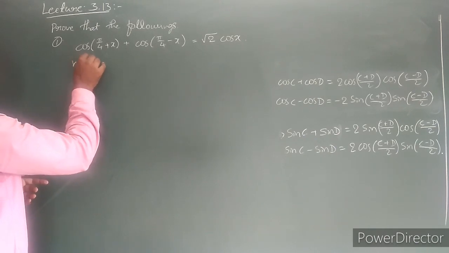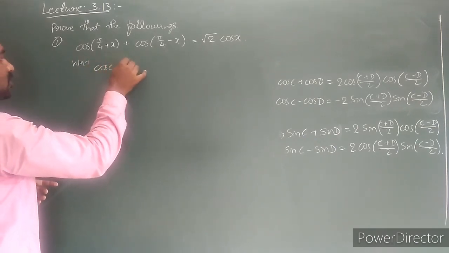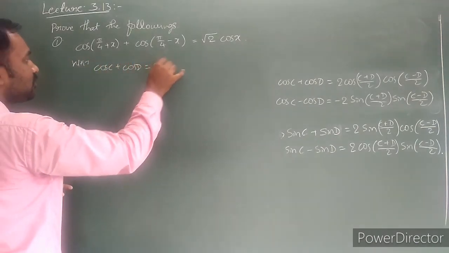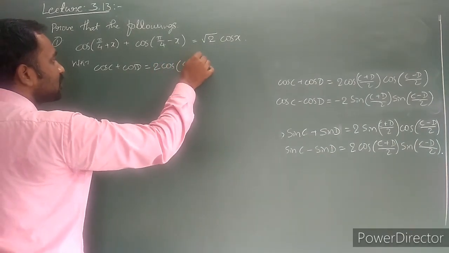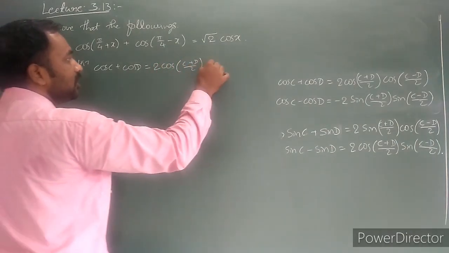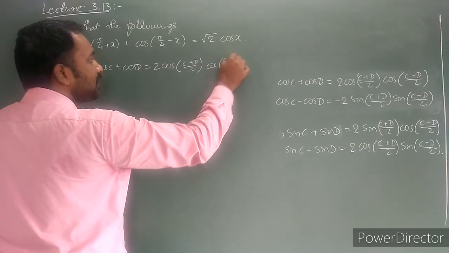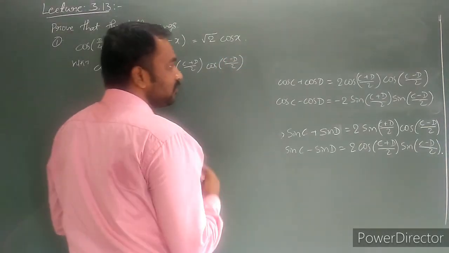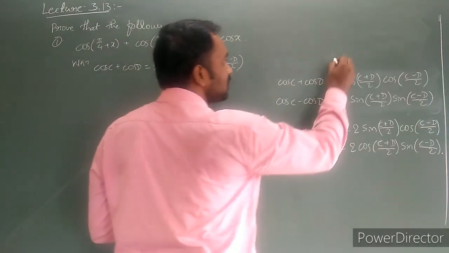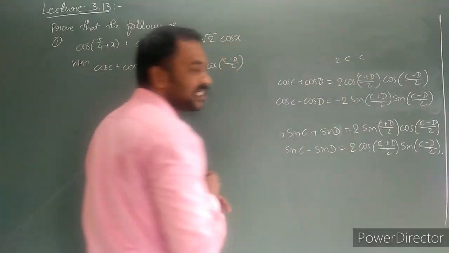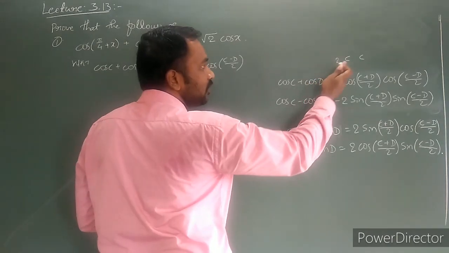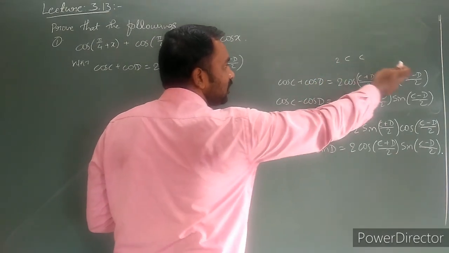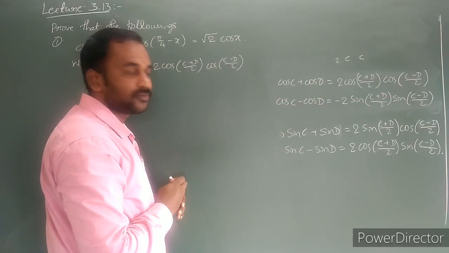You can remember it in this manner: cos C plus cos D is equal to 2cc, that is, 2 cos of (C plus D) by 2 into cos of (C minus D) by 2.